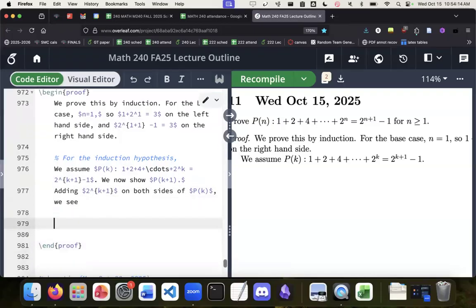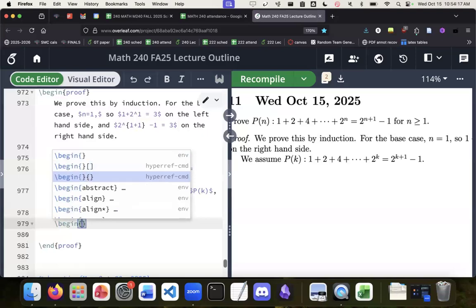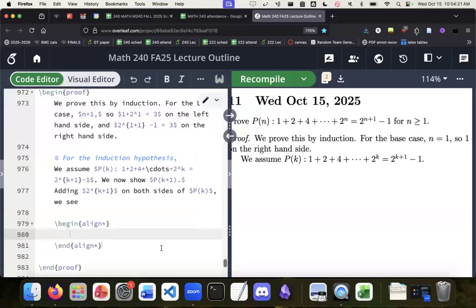And so let's, have I showed you a line yet? I don't know if I have. An align is an environment that is really useful if you have a list of equations that you're going to have, to make it all line up nicely.